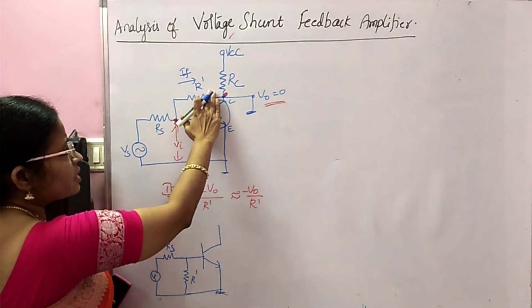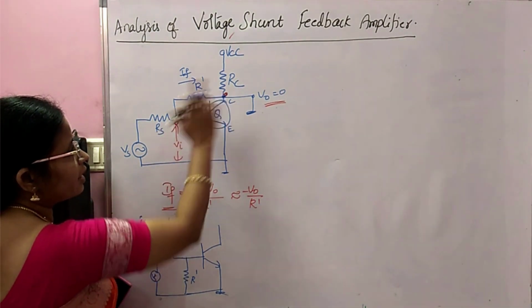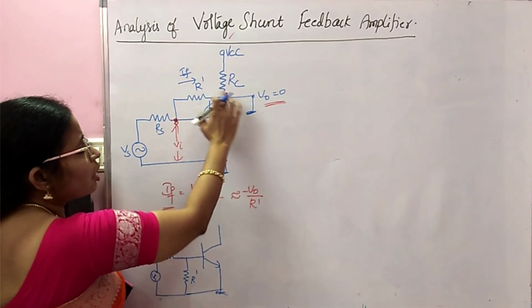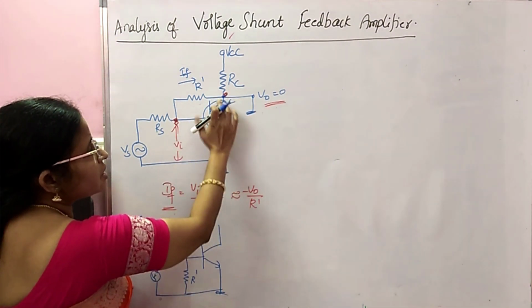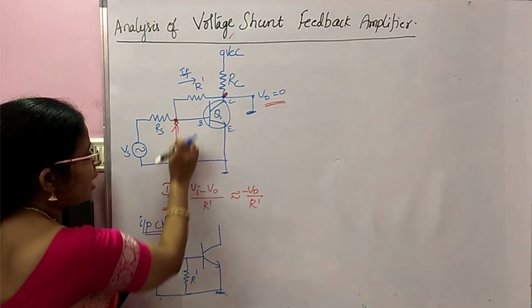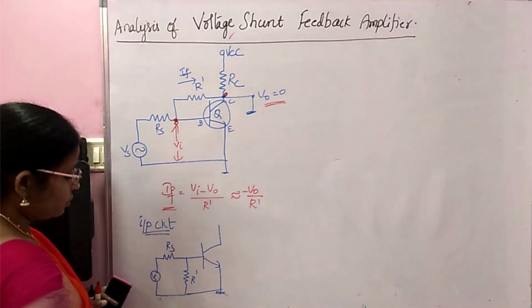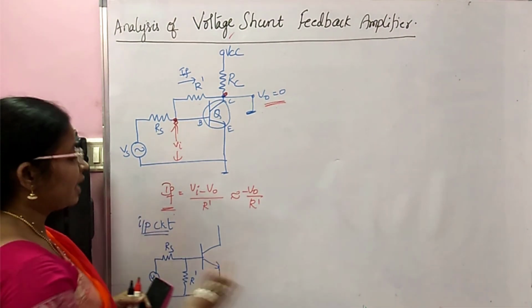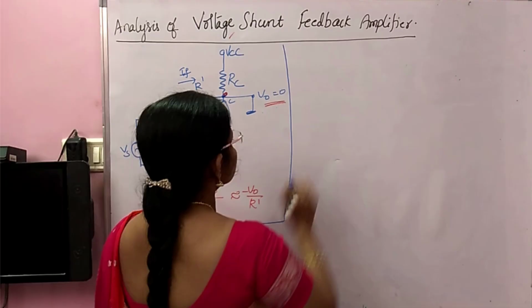Then R dash is connected between this and ground. This is all ground portion, so instead of taking ground here, I am taking this R dash and making the ground here. That is the reason you got R dash here. So this is your input circuit. Then how to find the output circuit?